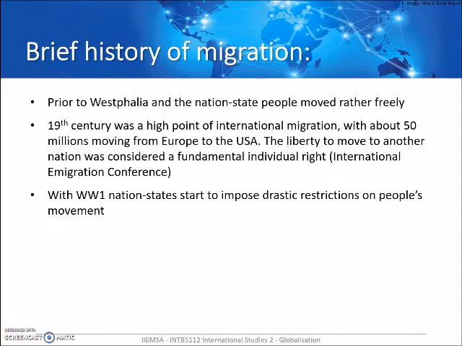Now, if we look at the brief history of migration, and this is very brief, right? Prior to Westphalia and prior to the birth of the nation state, people moved rather freely, right? So that's something to keep in mind.